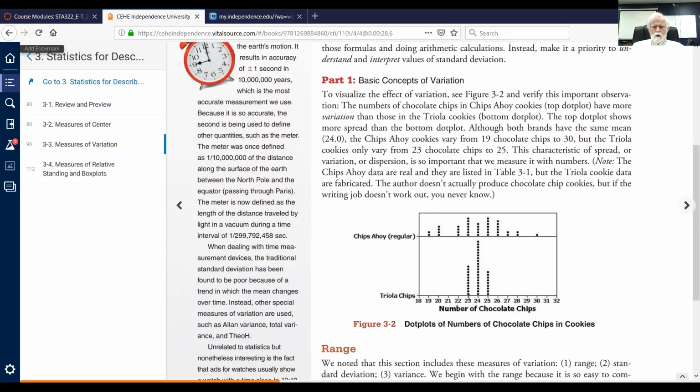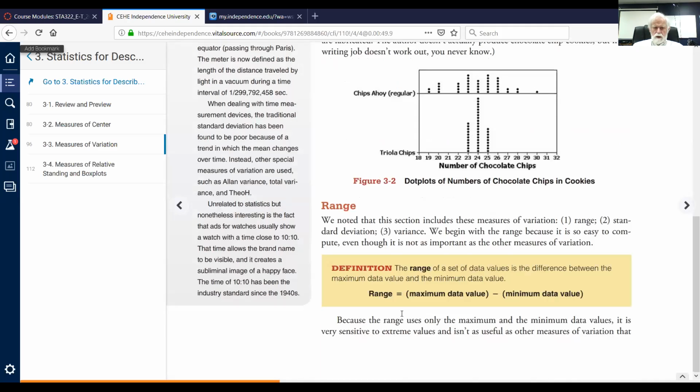And so this is a very compact data set, and this is a spread out data set. Both of them can be looked at as relatively normal distributions. The ranges we can calculate for the Triola chips are 25 minus 23, or 2. The range for the Chips Ahoy is 30 minus 19, or 11. So the range is different. The midpoint with the Triola clearly is 24.